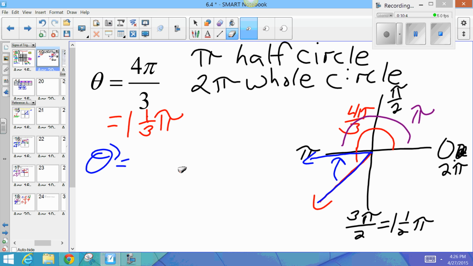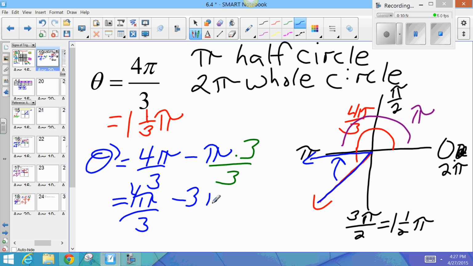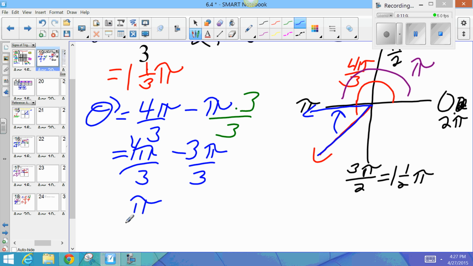It was actually 4 pi over 3, subtract pi. Okay, so common denominator is 3. I have 4 pi over 3, subtract 3 pi over 3, which is equal to pi over 3. Theta prime is pi over 3.